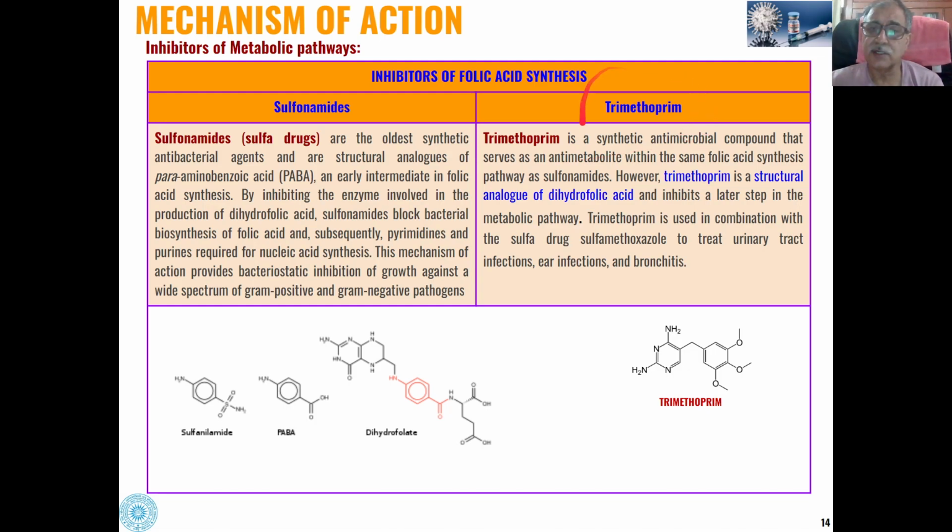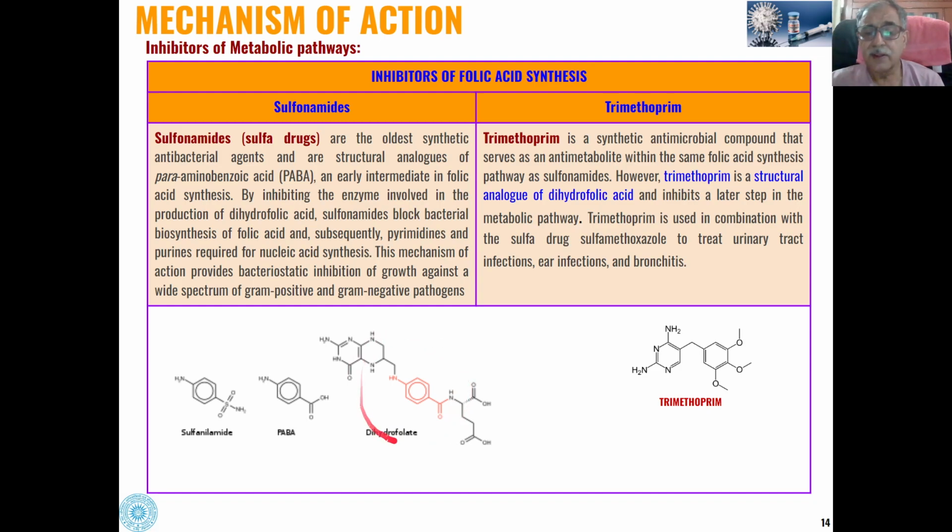Then there is trimethoprim. Trimethoprim again is a synthetic antimicrobial compound. It serves as an antimetabolite, and it again inhibits the synthesis of folic acid, as we have seen in the case of sulfonamides. It is a structural analog of dihydrofolic acid.